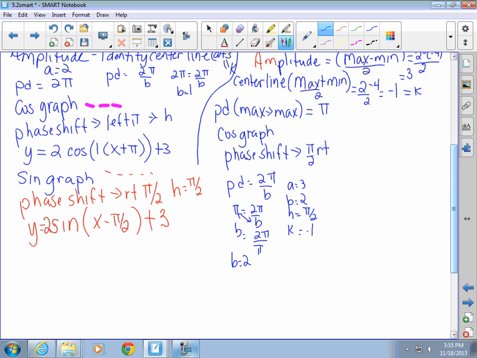So I can put that all together. This graph, that's my phase shift line. So if I put that all together, I have y is equal to 3 cos, B was a 2, so 2 times x minus pi over 2, minus 1.